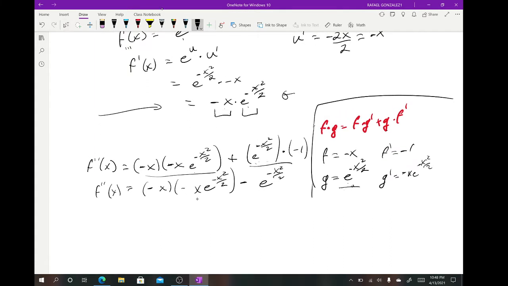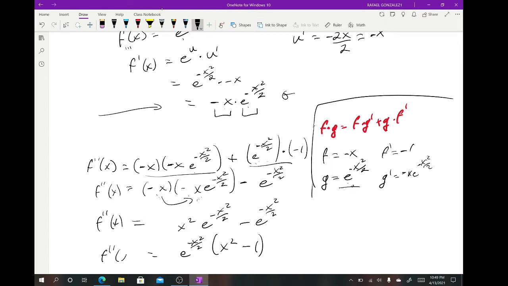And now, if I multiply this minus x to the inside of this, minus times minus is plus, so this is going to be x squared e to the minus x squared over 2 minus e to the minus x squared over 2. Then I can factor the e to the minus x squared over 2. That's going to be e to the minus x squared over 2 times x squared minus 1.